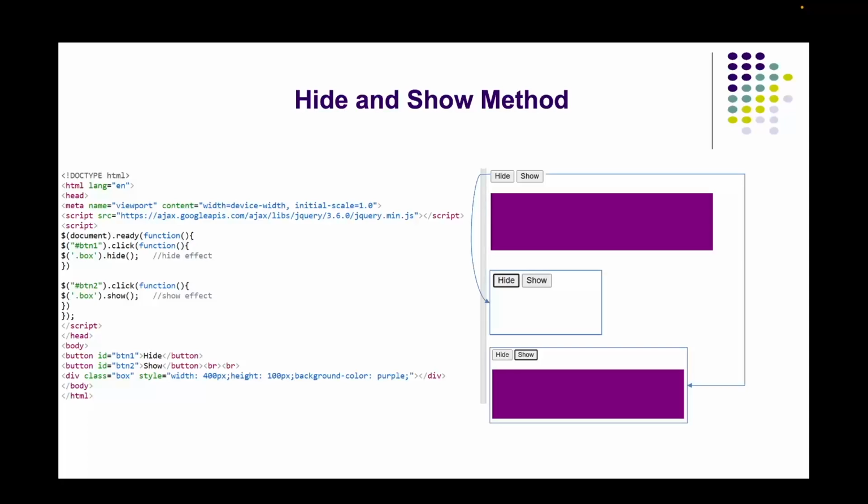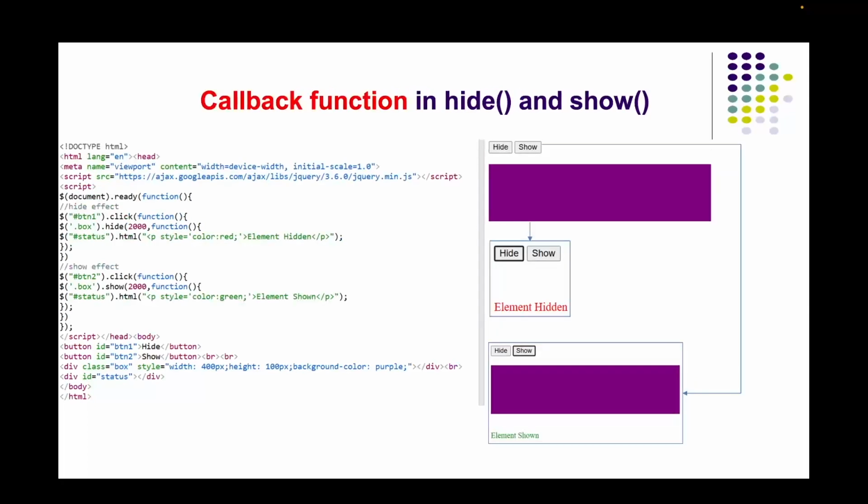As you can see in the code, we can make this fancier with the help of the callback function. We pass 2000 milliseconds. This makes the box shrink slowly over 2 seconds. And the callback, the second argument, is a function that runs only after the animation is 100% finished.